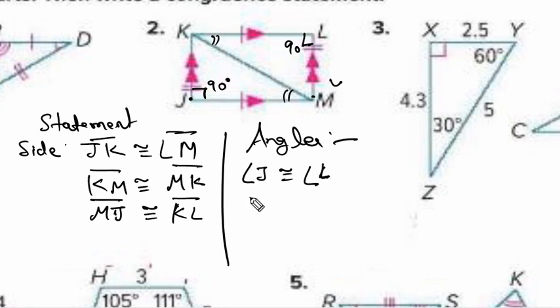So let's write J, okay, and this angle is congruent to this angle. So angle JKM is congruent to angle LMK.